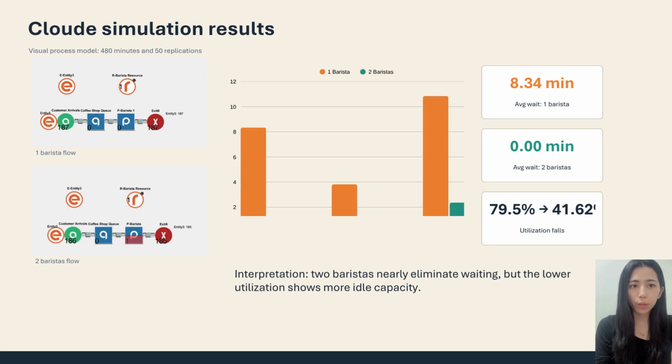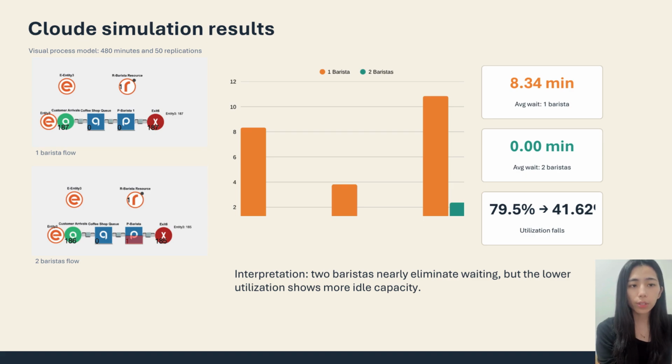For this project, we also used Cloud to build a visual process model of the coffee shop queue. Both scenarios were run for an 8-hour workday, and we used 50 replications to get more reliable average results. From the chart, we can see that in the one barista system, the average number of customer arrivals was about 199.8 customers.